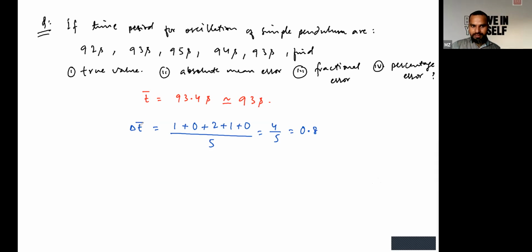While taking mean, sum of observation divide by number of observation. So we have mainly 5 observation in this data.